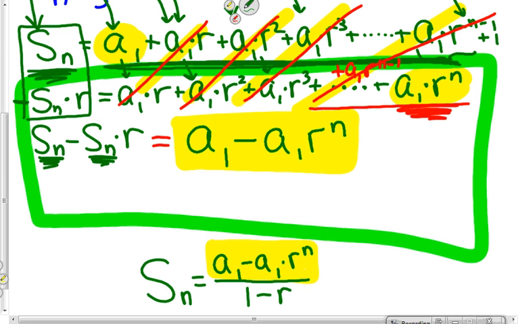We did this with logs earlier this week. If they have this in common, remember they had an x in common, so you factored it out? If I factored out S sub n to the front, what would be left here? 1 minus R.